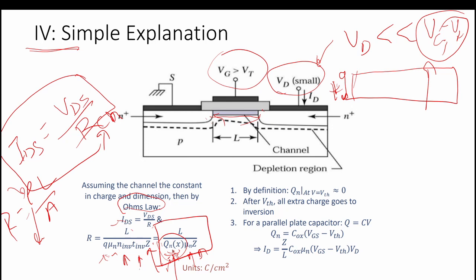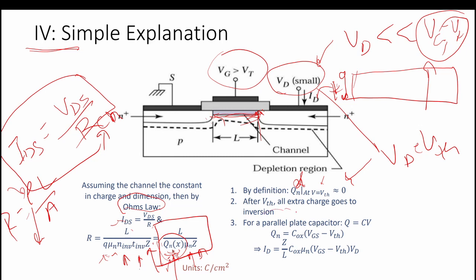By definition, Qn at V equal to Vth: if we apply Vd equal to Vth, Qn will be 0. So this will be pinch off. This channel will be pinch off, so at this junction there will be a 0 charge density, the electron density we say. The inversion charge density will be 0 at this junction.